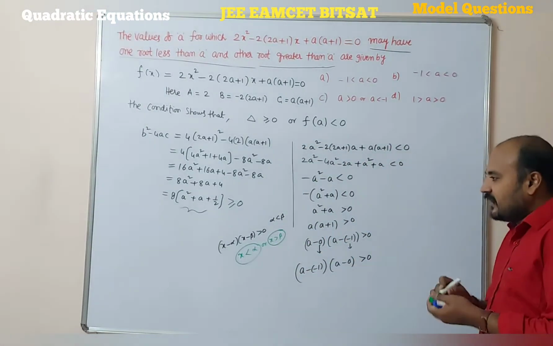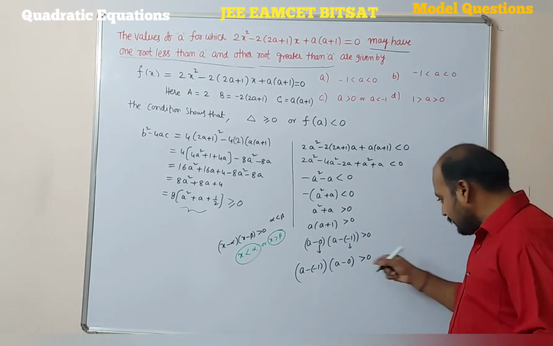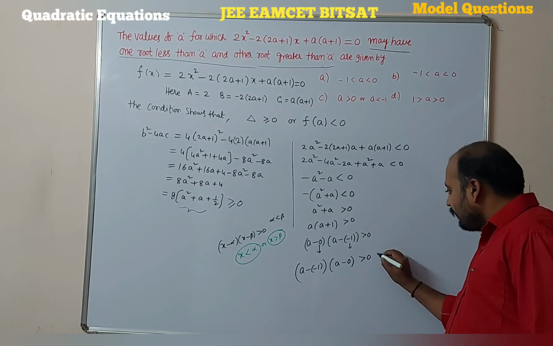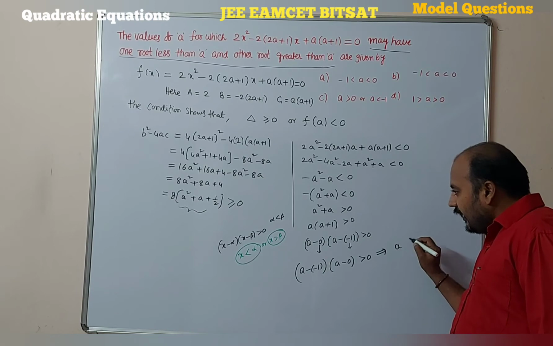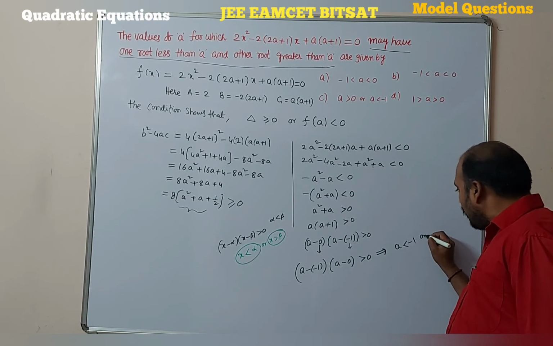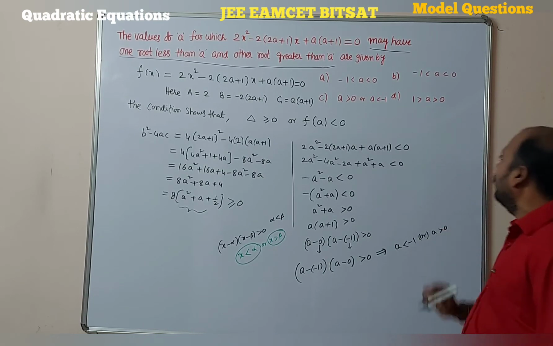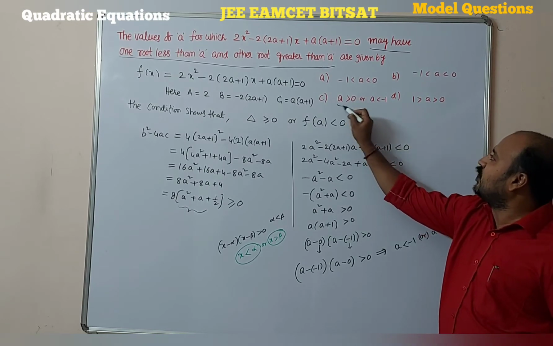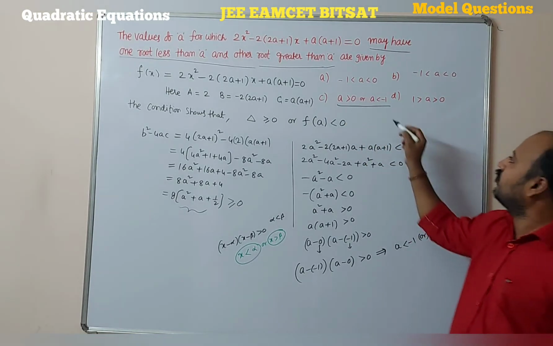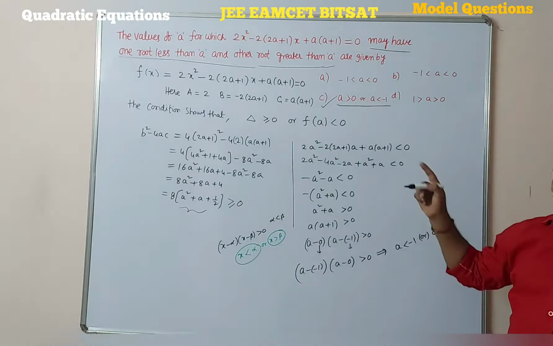So by using that, we can write a is less than minus 1 or a is greater than 0. So a is greater than 0 and a is less than minus 1 we have in the option C.